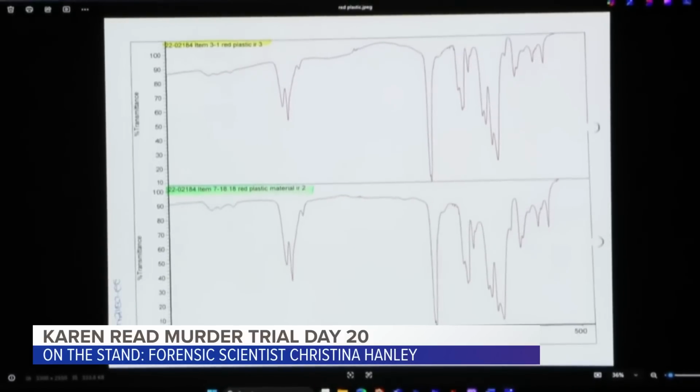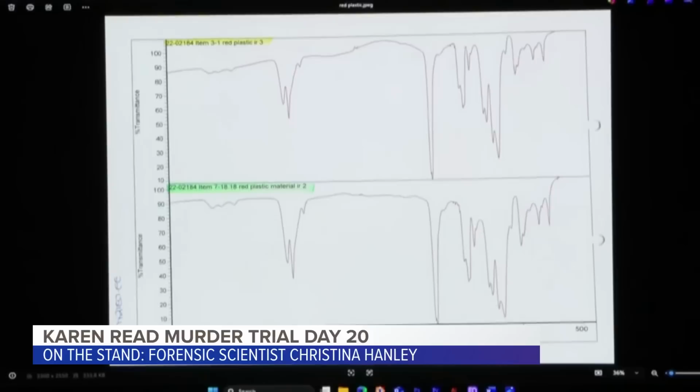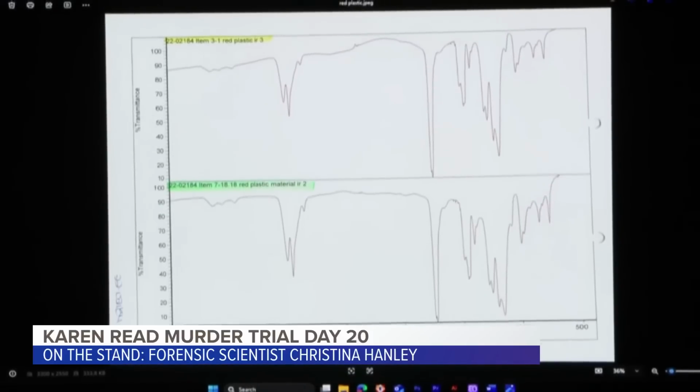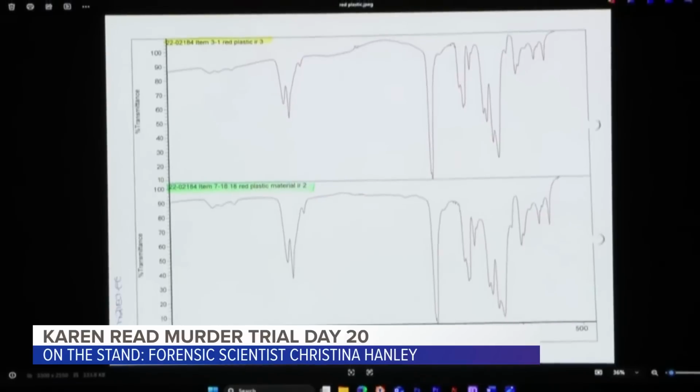And again, if you could just direct the jury's attention with that laser pointer to the peaks and valleys that you're looking at in comparison of this data. So when I'm comparing them, I'm comparing the peaks to each other in each of the spectra to determine if they are consistent or not consistent. And in this case, you found them to be consistent, is that correct? That's correct.